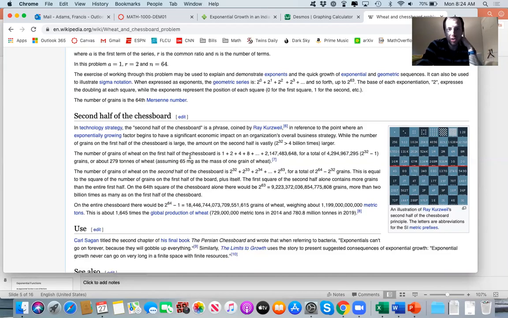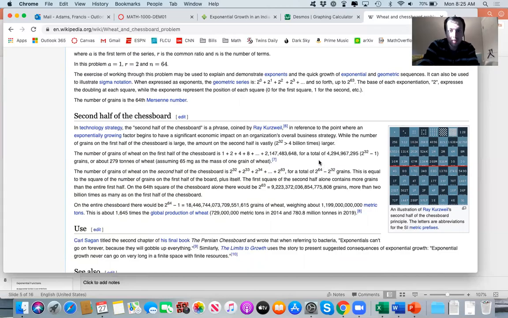The number of grains on the first half is 4.3 billion. No, I'm off. 4.3 million, right? Hundreds, thousands, million. No, right. Yeah, 4.3 billion. So 279 tons just on the first half.